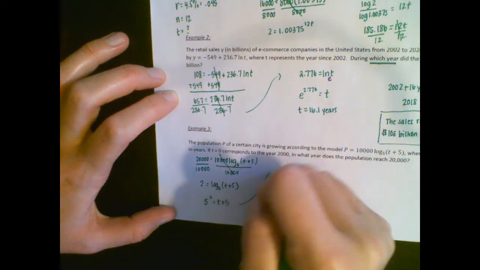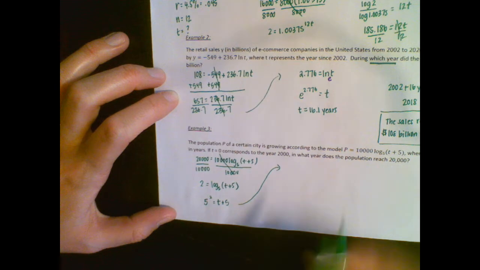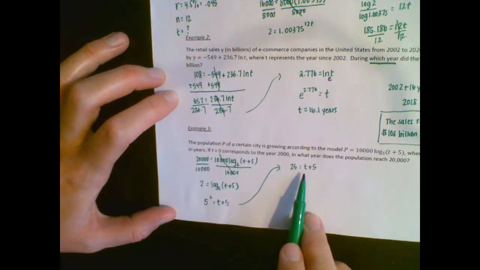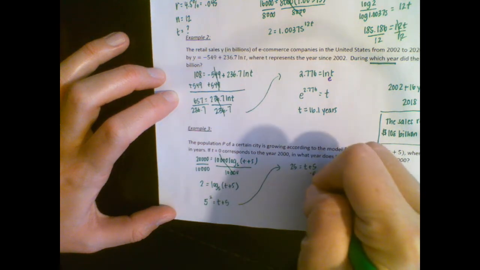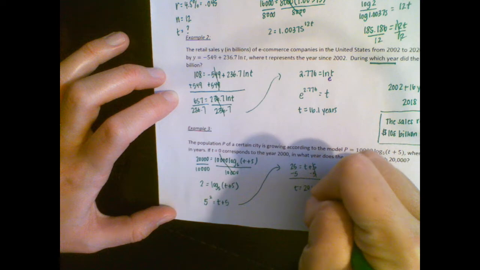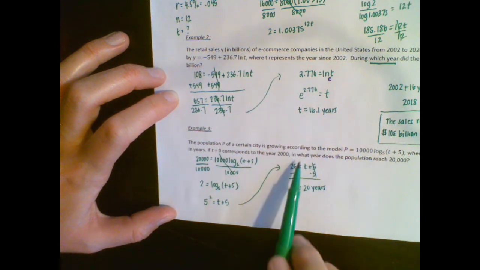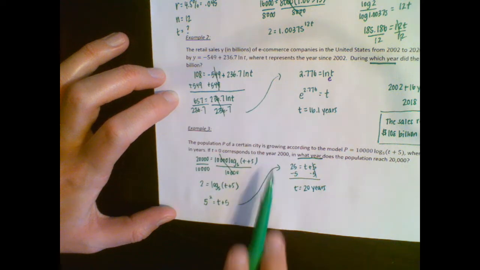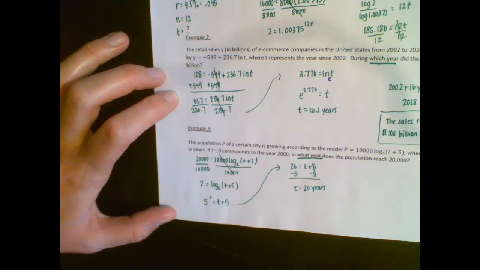So I'm going to go ahead and simplify this. Well, on my left-hand side, 5 squared is just 25, equal to T plus 5. And I just have to solve for T here. So subtract 5 on both sides. That's going to leave me with a T equal to 20 years. But again, it's asking me in what year. So if T is equal to 0 is corresponding to 2000, I'm saying that this is happening 20 years later.